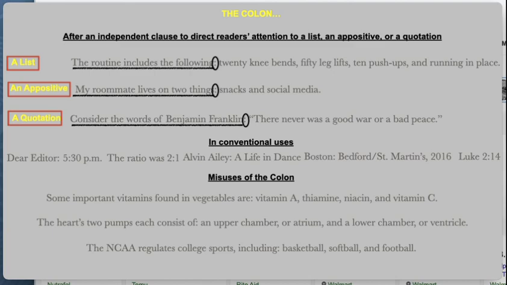Okay, don't use a colon after words like that. So in each of these cases, no colon and no punctuation should be used. It's simply write the sentence without a colon, without any punctuation at all.